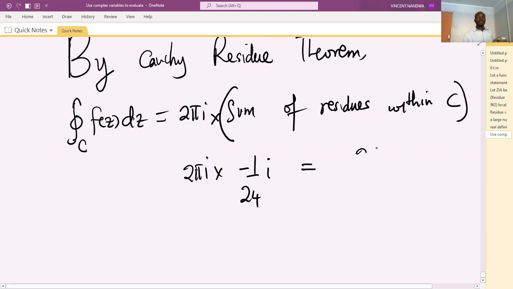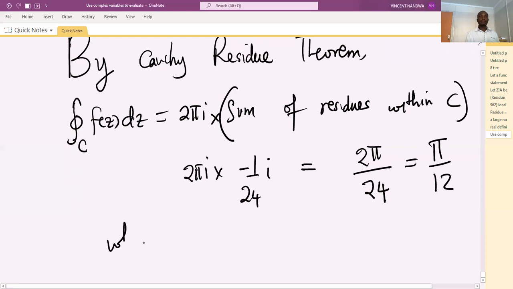This is the same as 2 pi over 24, which is the same as pi over 12, which is purely real.